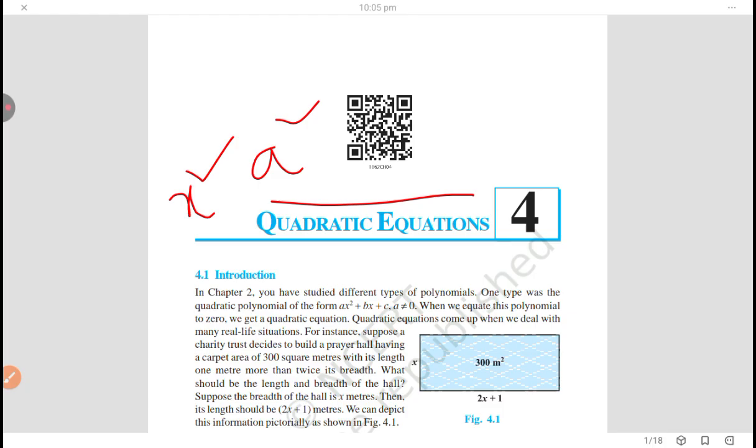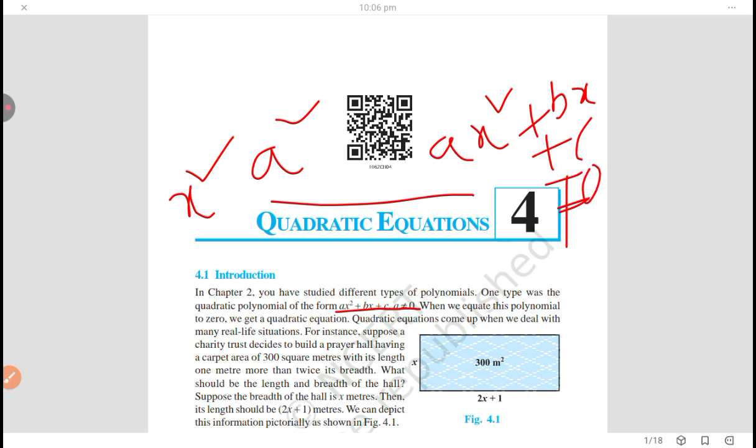So the standard form is this one: ax square plus bx plus c equal to 0. It is the standard form of the quadratic equation where a should not be equal to 0.